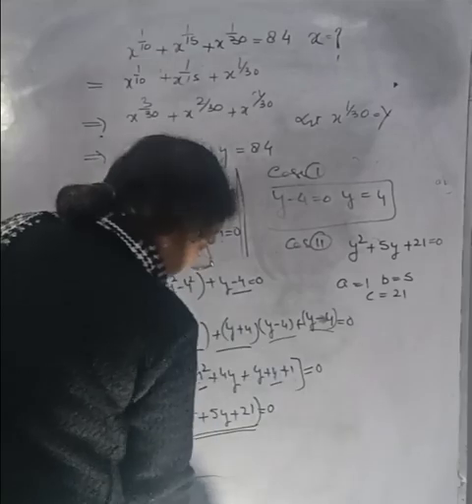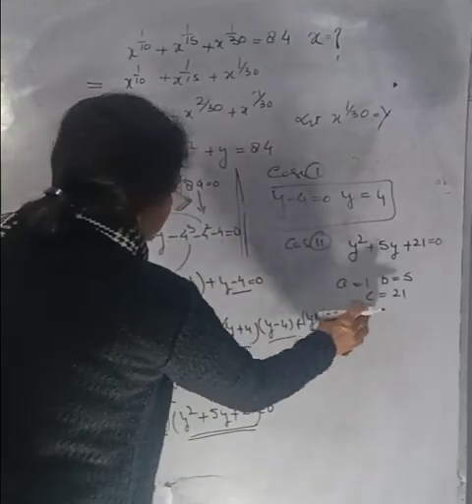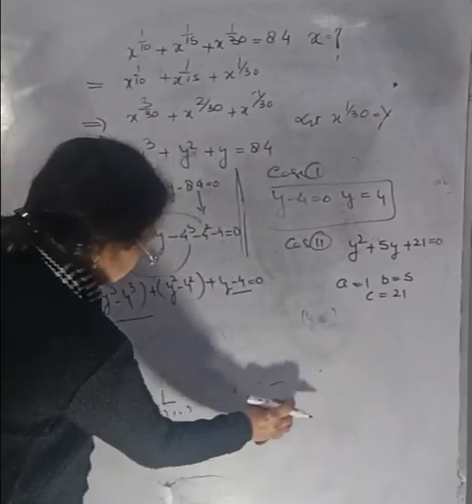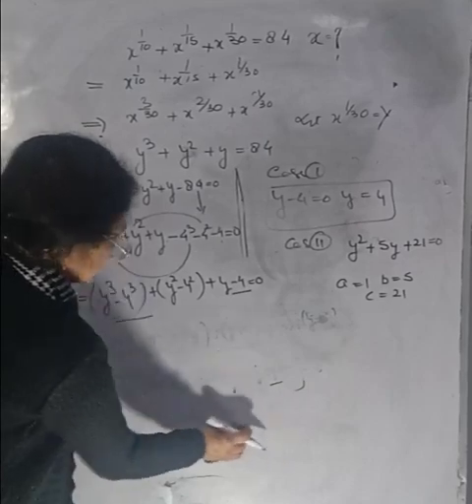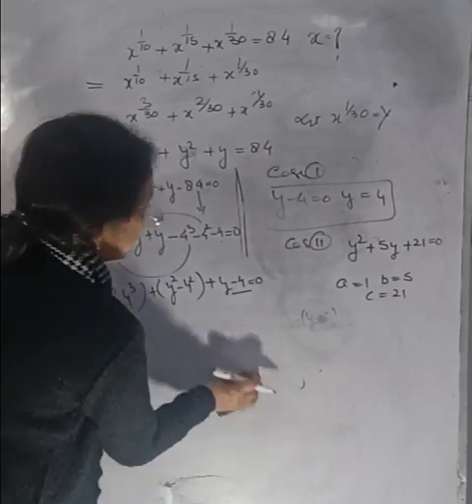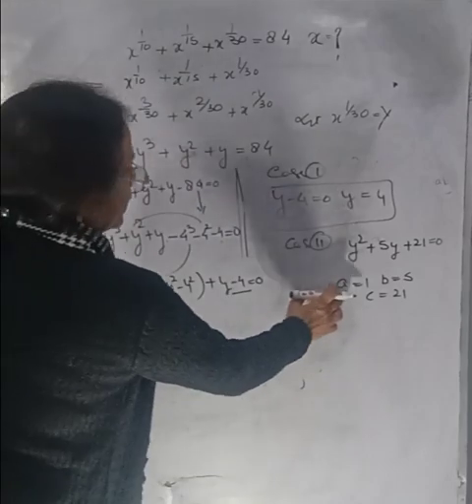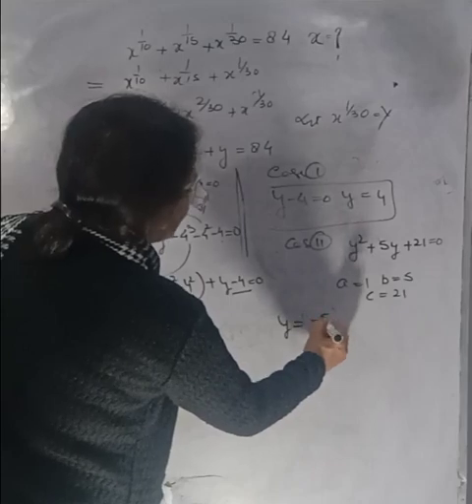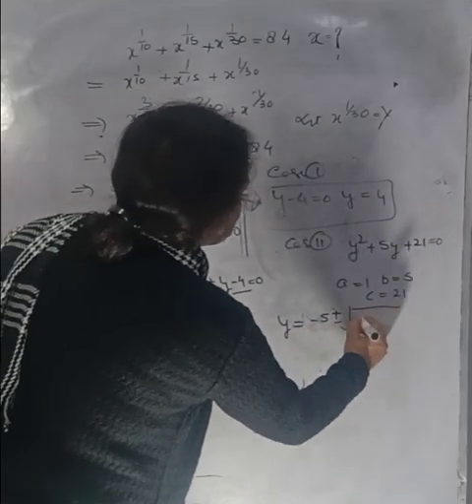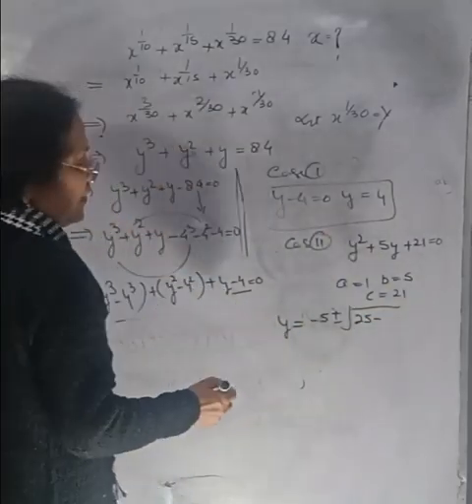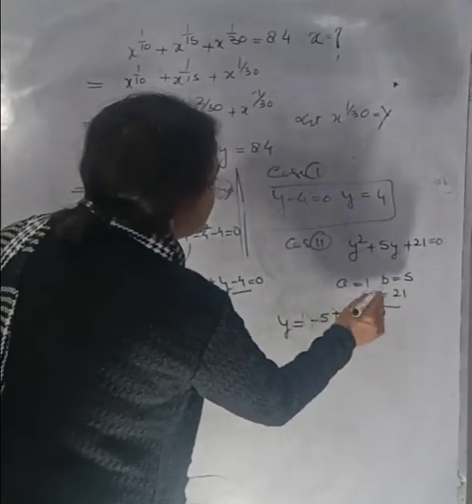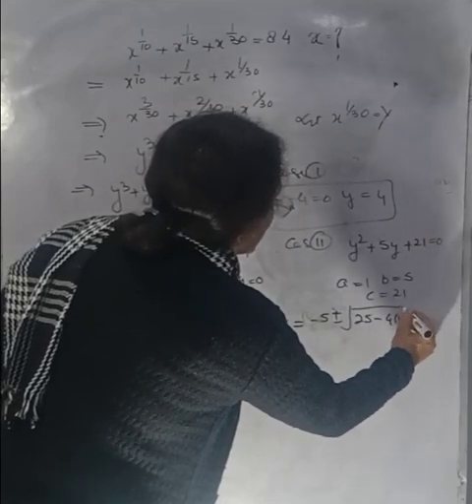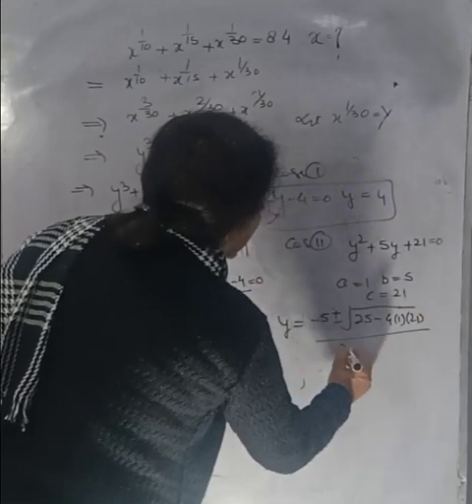Now the value of y will be equal to minus b, that is minus 5, plus or minus the root of b square, that is 25, minus 4ac, that is 4 into 1 into 21, upon 2a, that is 2 into 1.